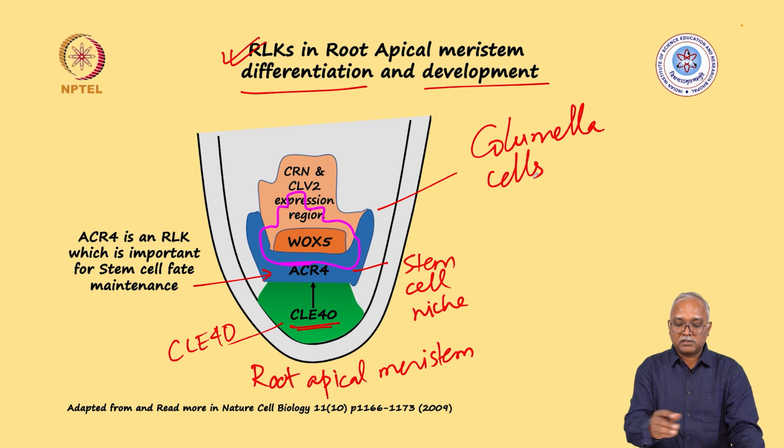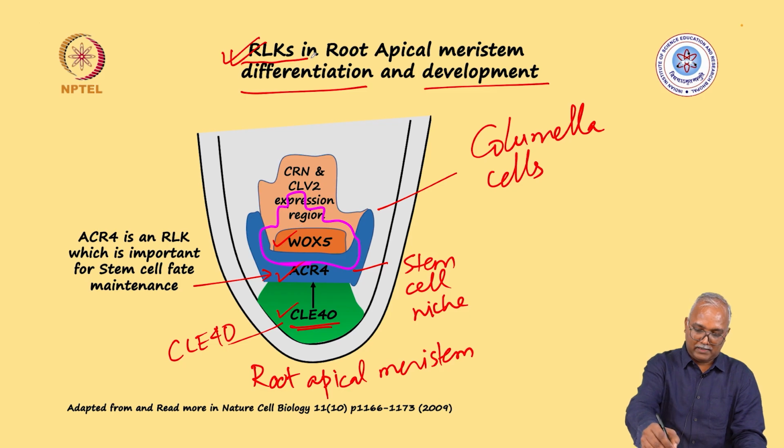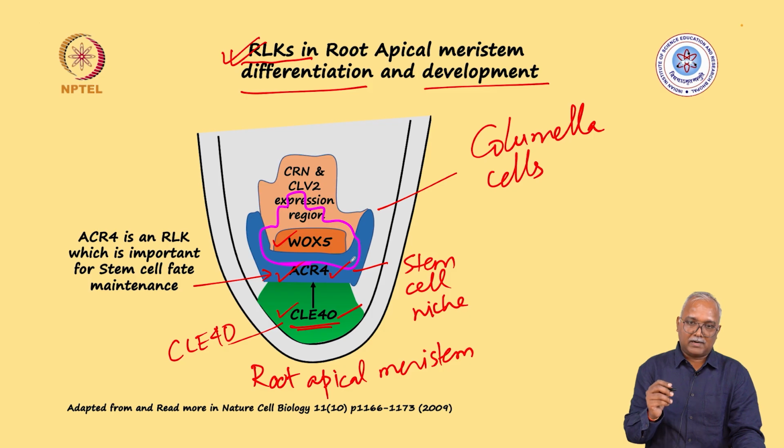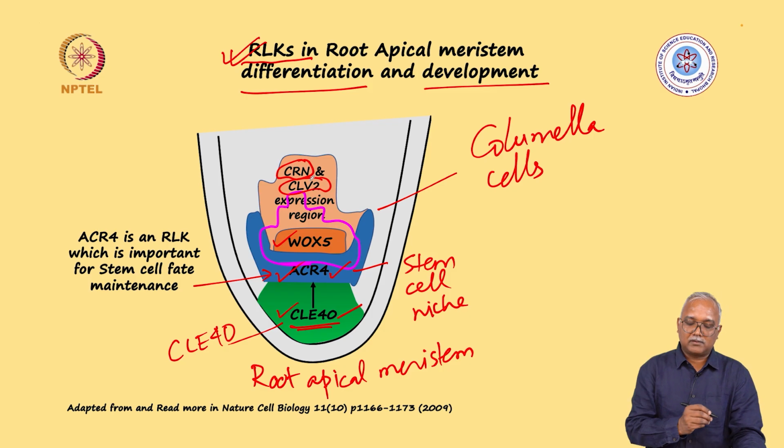So what you notice in this root apical meristem is that there are distinct zones which are identified by the expression of very distinct molecules which are part of receptor-like kinase signaling. This is the secreted peptide, this is your receptor-like kinase, and then you have these receptors as well as the ligand, which ensures different regions in this root apical meristem.